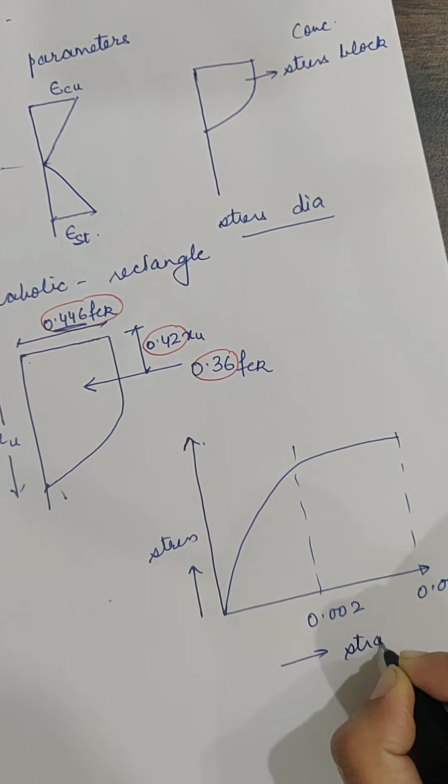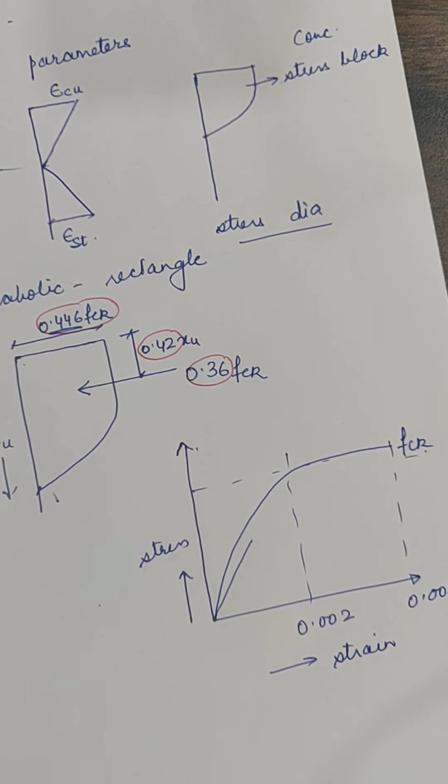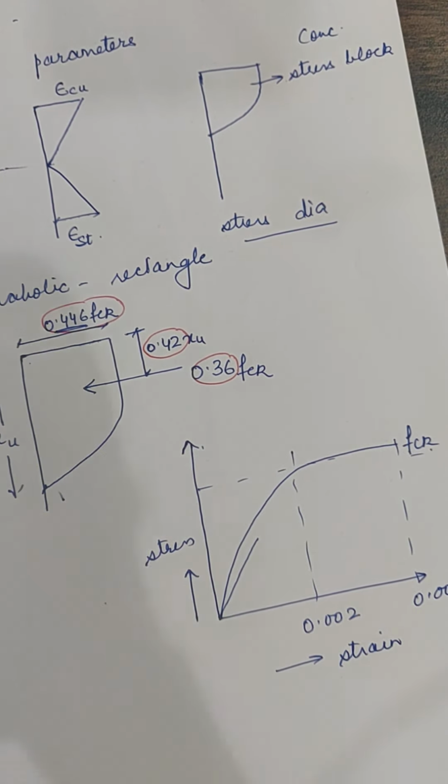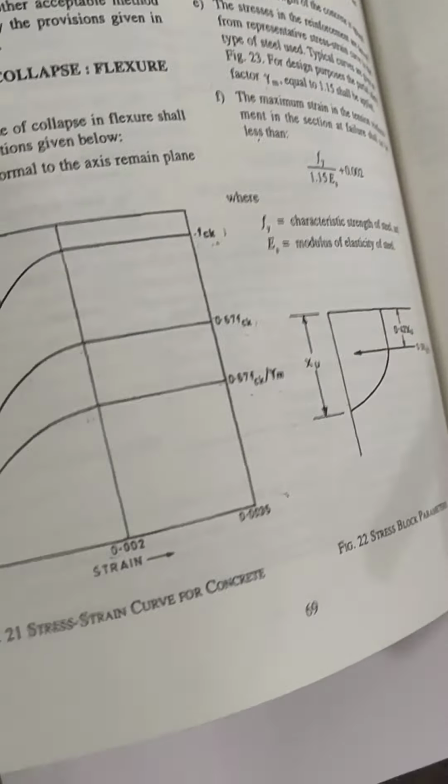Now the code further says that we will reduce this value. Instead of taking this curve, we will reduce the curve to this by multiplying it with a factor of 0.67. So the code says that instead of taking this root, we will take this root and we will take this as 0.67 FCK.